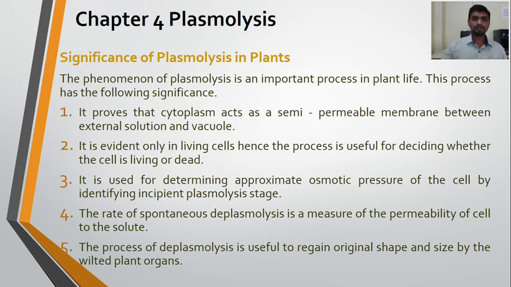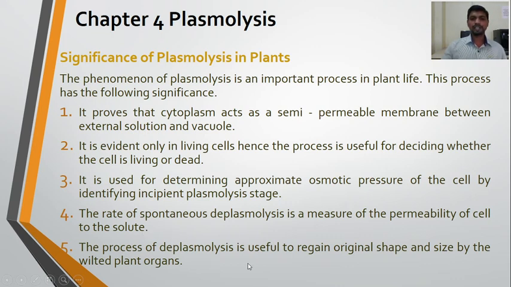The rate of spontaneous deplasmolysis is a measure of permeability of the cell to the solute. When a plasmolyzed cell is put in water, it regains its shape as water enters the cell due to endosmosis.